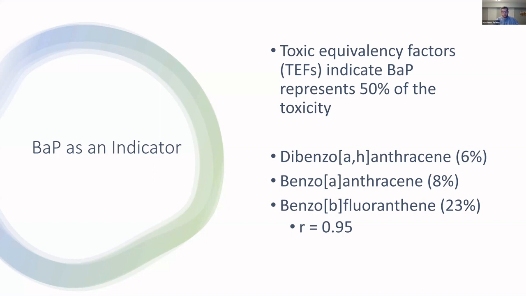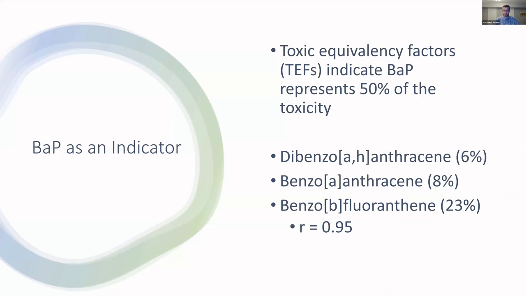Not all PAHs are the same. Some are less toxic, some are more toxic. So what you can do is multiply their concentrations by how toxic they are. And what we saw is benzo[a]pyrene for our samples represents about 50% of the toxicity, which is a lot.